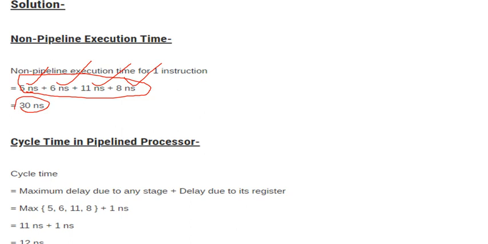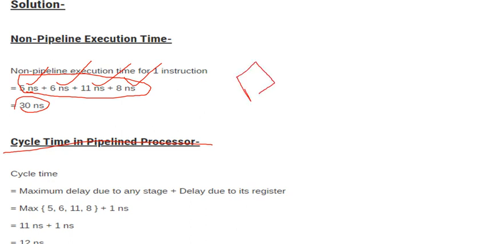Similarly, if you want to find out the cycle time in the pipeline processor, then because we are having non-uniform delay in all the stages, definitely we have to choose the delay in such a way that every stage should transfer its contents to the next stage so that every stage should be able to process the request in a uniform time.